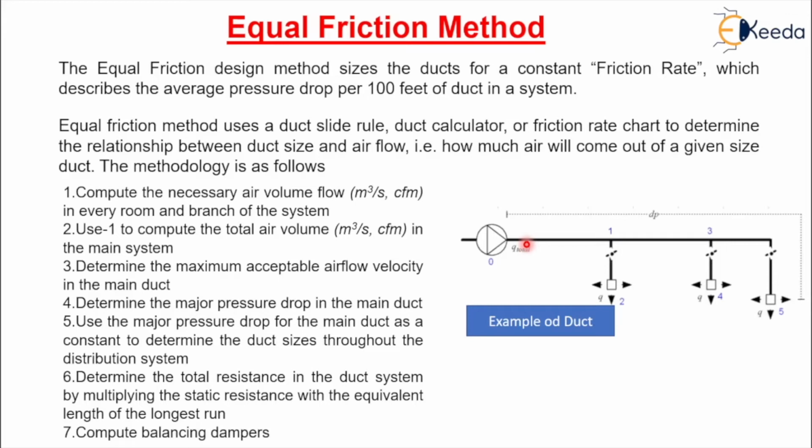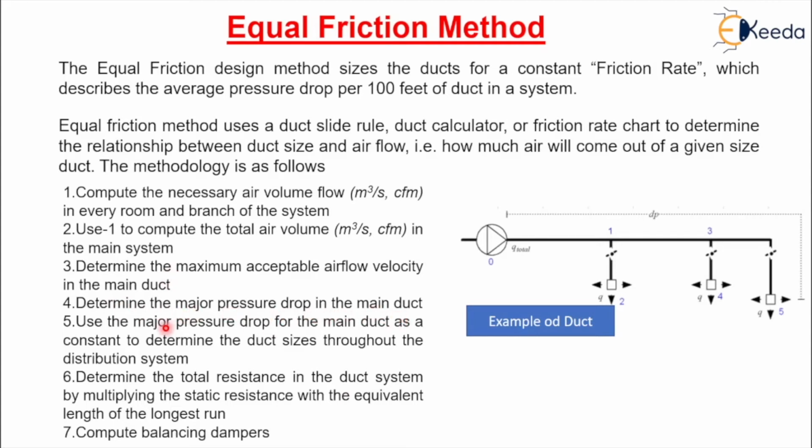Accordingly, we will calculate the diameter, and according to that diameter, we can calculate the pressure loss also. So in the equal friction method, whatever pressure loss in this line, whatever pressure loss in this line, whatever pressure loss in this line, we will assume that in all the lines or ducts of the system, it is the same. Now you can see here, determine the major pressure drop in the main duct.